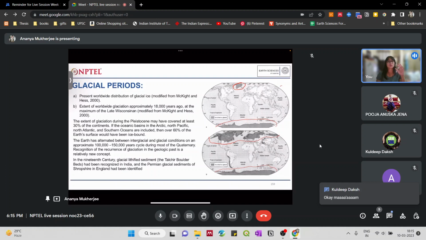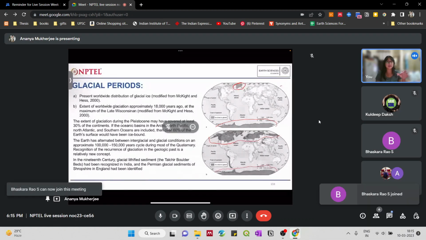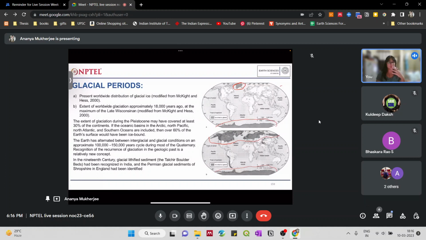So, as I said, we found glacial lithified sediments. There are some characteristics of those sediments using which they found that the Indian landmass was also part of one of those glacial periods, where we found the Talchir boulder beds.